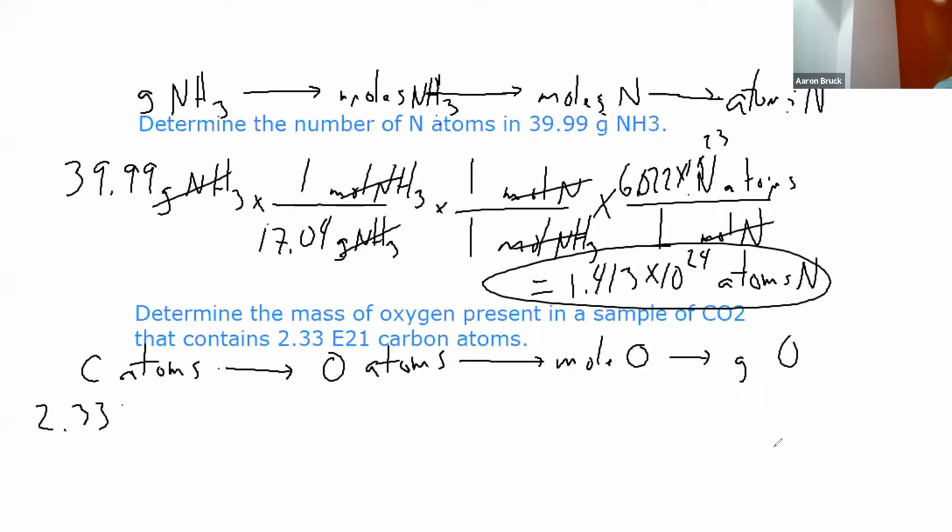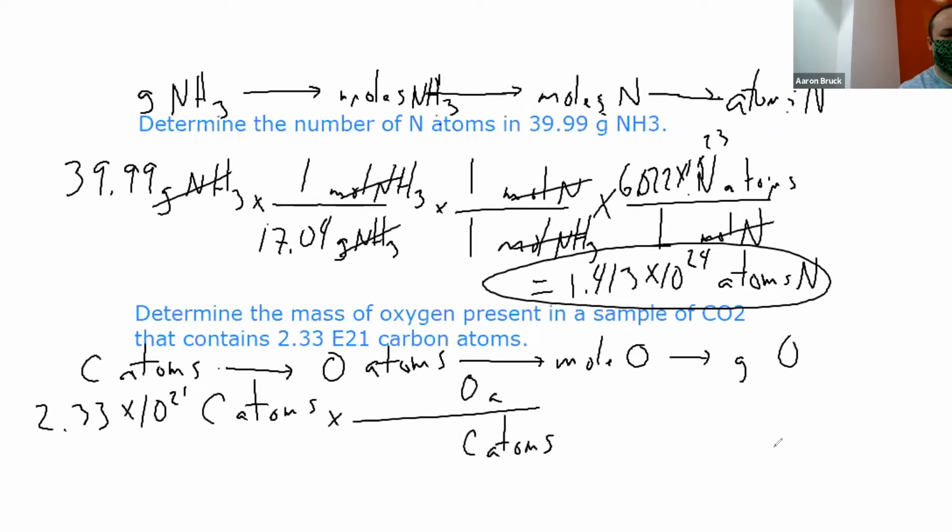So starting with 2.33 times 10 to the 21st carbon atoms, my first step is to turn the carbon atoms into oxygen atoms. And where that comes from is our chemical formula. Our chemical formula tells us that every carbon is matched by 2 oxygens. My carbon atoms cancel. I now have oxygen atoms.